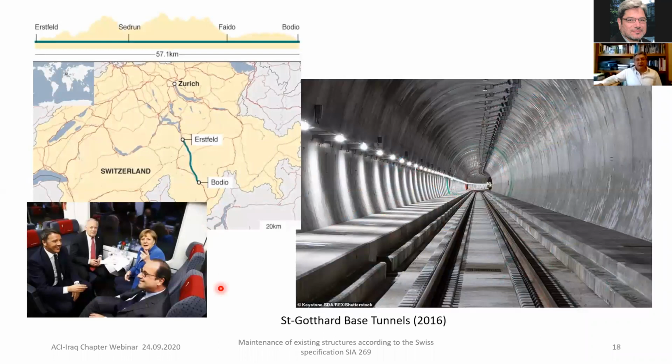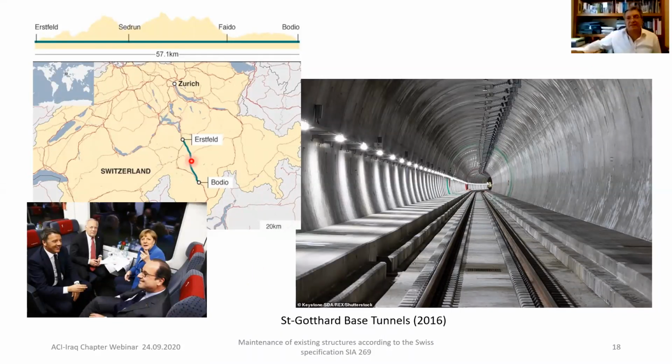Maybe you heard about the Saint-Gothard tunnel, which is the longest railway tunnel, about 57 kilometers. It's here in this area. It was opened in 2016, and this photo was taken of the European leaders who came to celebrate this event.